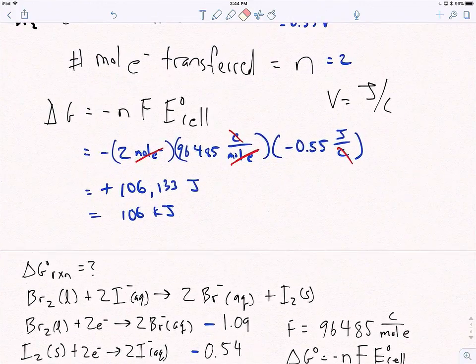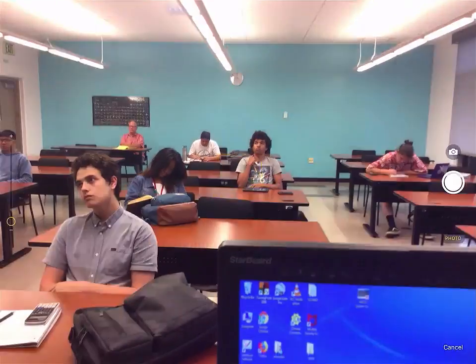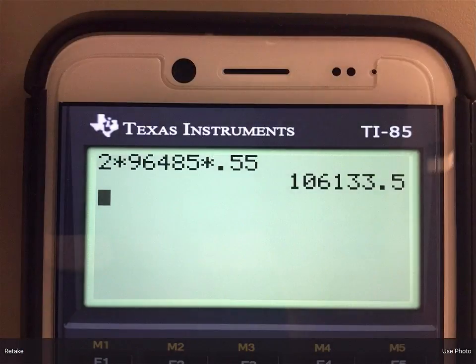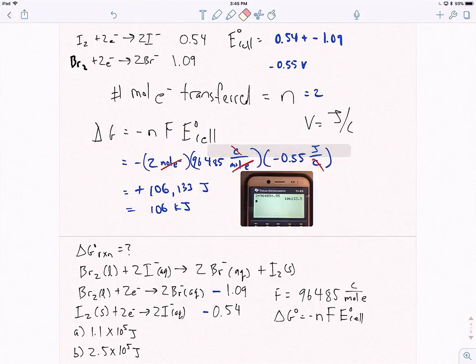I normally wouldn't put this calculation, but I'll show you that I can do this for a visitor. I can take pictures of my calculator and put it on here and give it to my students later so they can look and see what I've done and review it later.